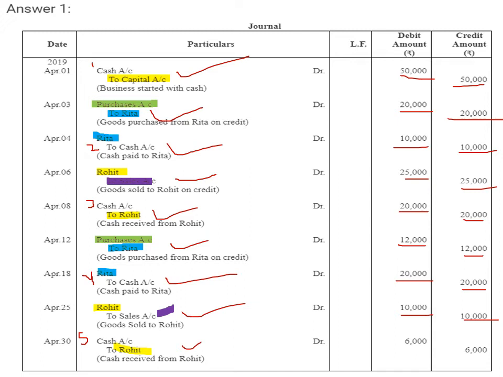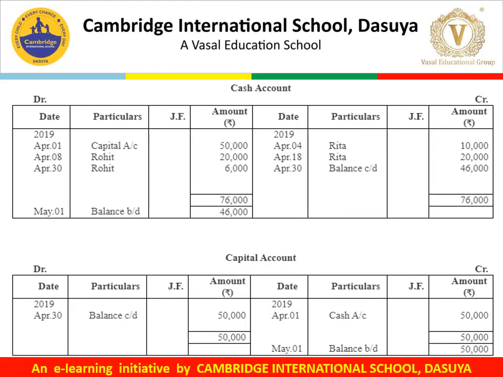Now we will move to the ledger accounts. First of all is the cash account. In the cash account, all the cash received entries are to be recorded on the debit side because debit what comes in. We'll apply the rule here, or we can simply post the journal entry as per the method which I have taught you in the previous slide.